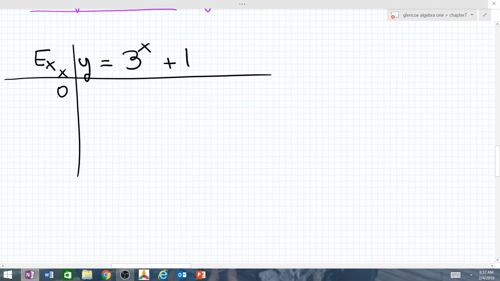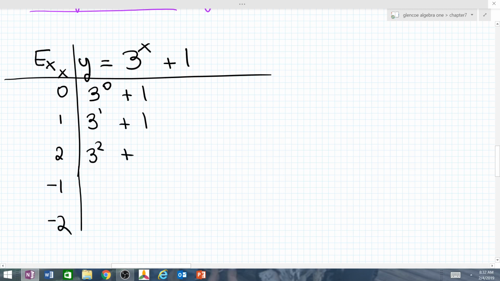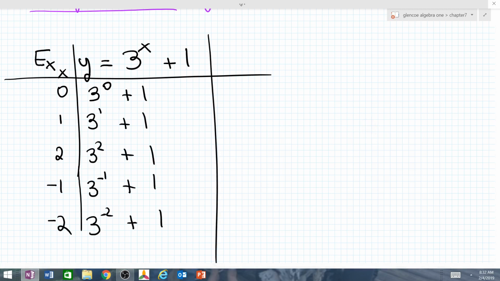Our x values 0, 1, 2, -1, -2. Use order of operations, guys. Exponents first. Feel free to use a calculator.